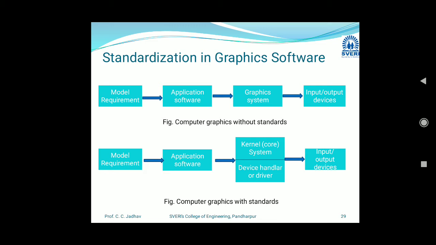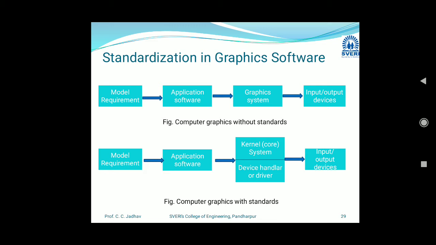Why are we dividing this graphics system into these two systems, the kernel core system and the device handler or driver system? First, we'll see the kernel core system. It acts as the buffer between the application software and the specific hardware to ensure the independence and portability of the object.